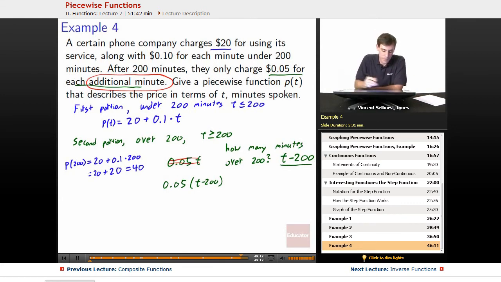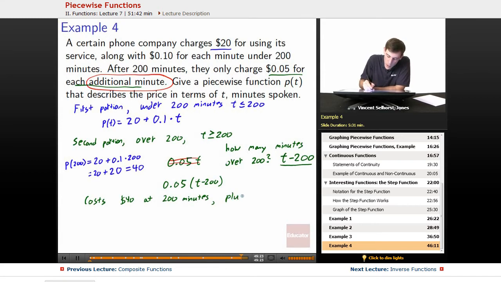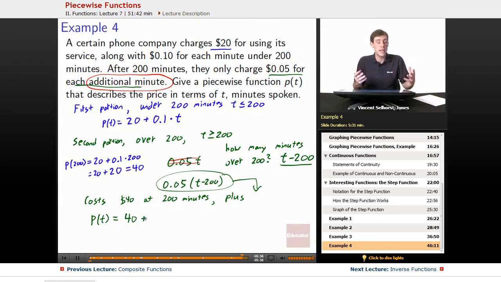So it costs $40 at 200, and then plus the additional amount per minute. So for the second portion, our function is going to be P of t equals $40, the lump sum that we have to pay at first to have made it to the 200-minute mark, plus 5 cents for the number of minutes over 200 minutes.